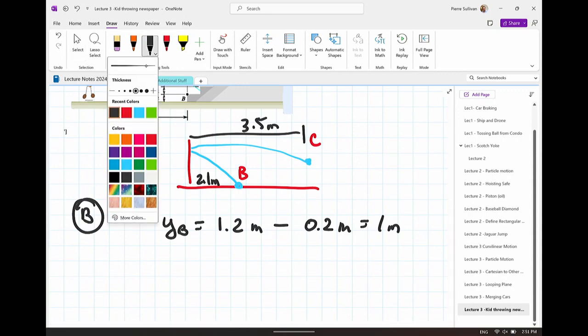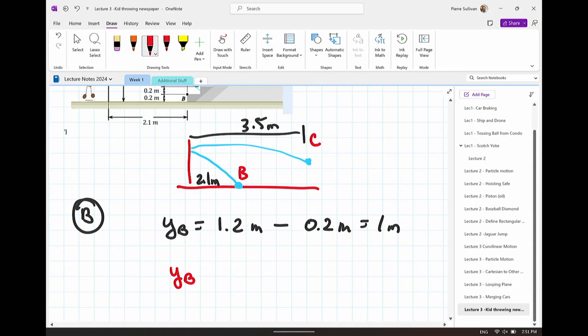Switch colors. So y sub b is going to equal 0, because I'm going to assume the kid is starting at the origin, which I've defined there.